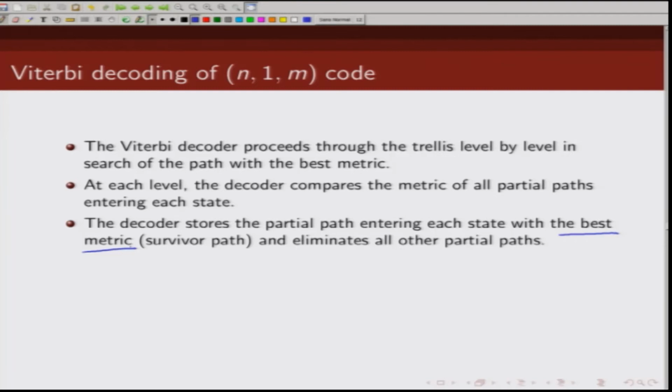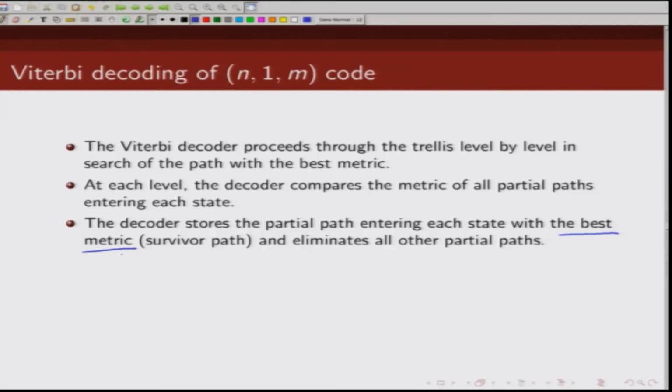Note that for time t greater than m, there are two branches converging at each state. From those two branches, it is going to pick up the one which gives us the best path metric. It will store that best path metric and remove all other paths which do not give us the best path metric.